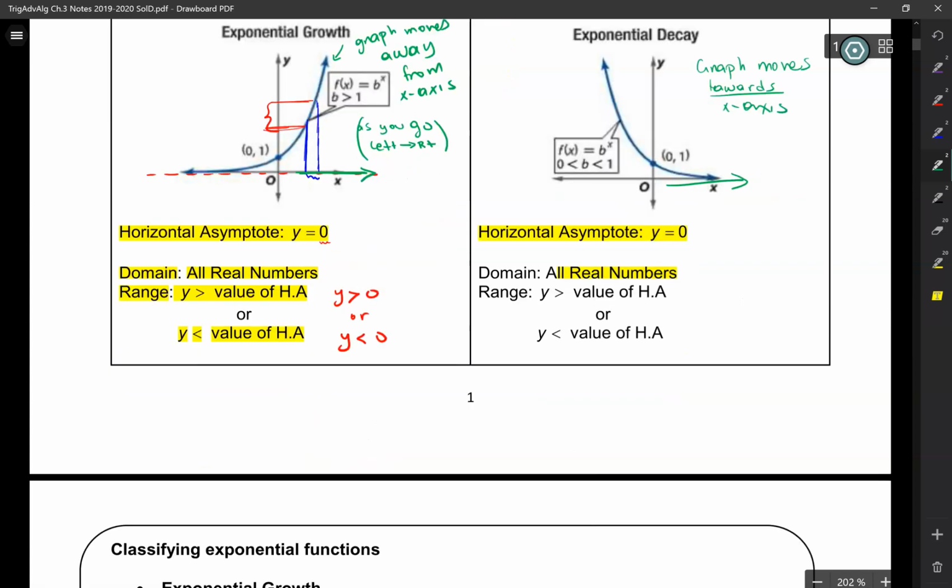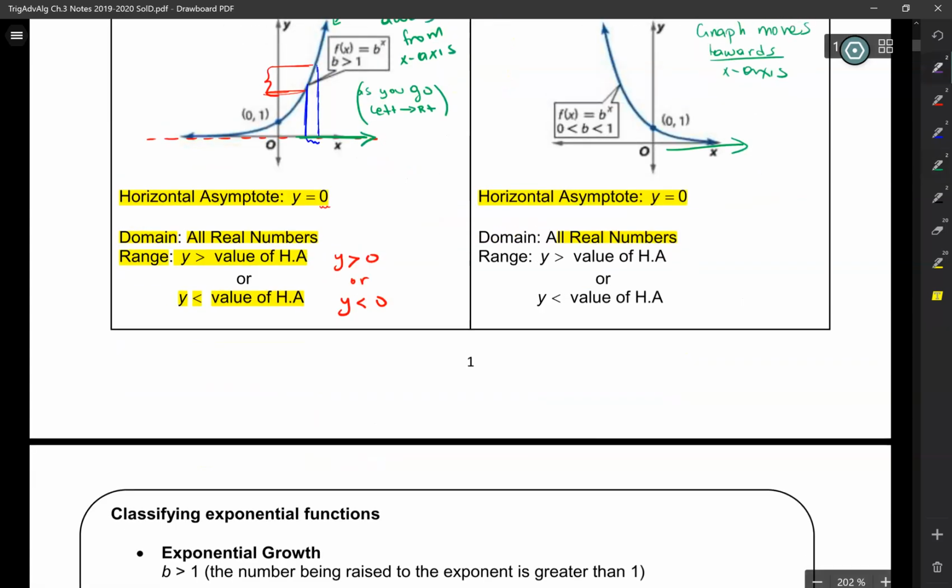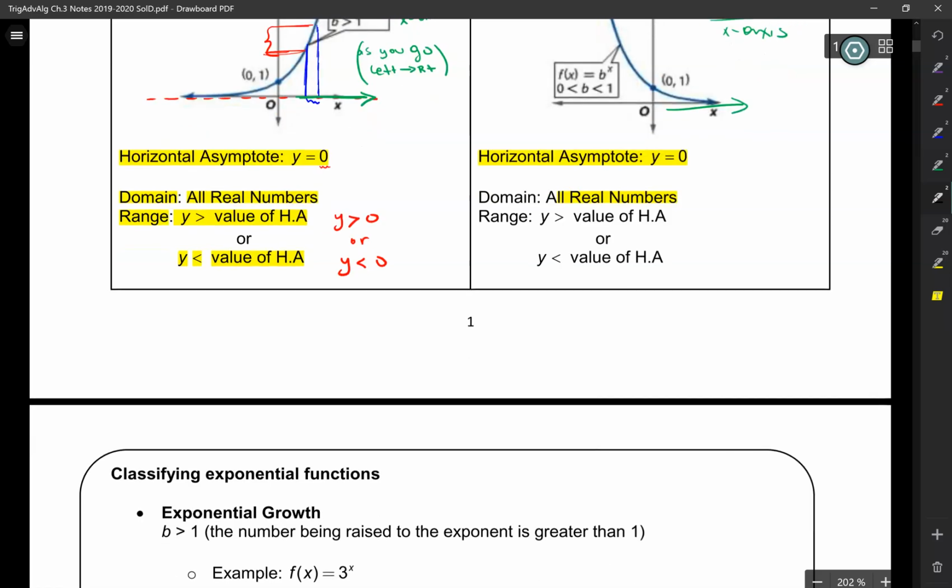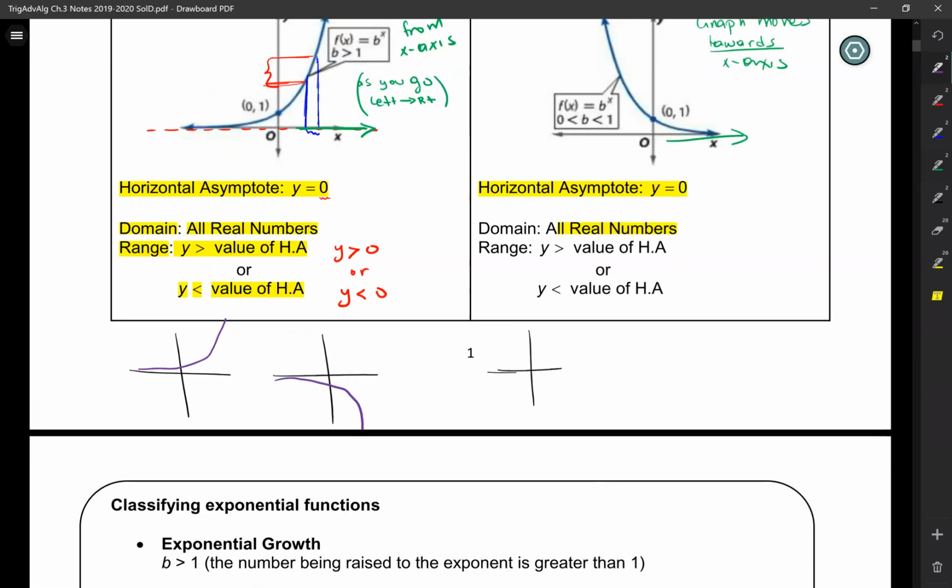All right. So now, take a look at this. Well, look at this one. Is this an example of growth or decay? Growth. What about this one? Growth, it's either one or the other.